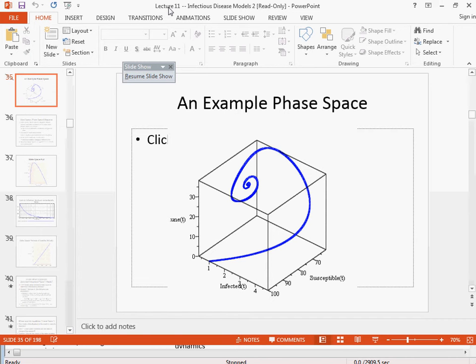So this might be stock 1, and this might be stock 2. Maybe this is the level of an individual's stress, and maybe this is some measure of affect or something like that. And you'll see some sort of cycle along here. Or maybe stress and allostatic load, and you'll see some sort of relationship.